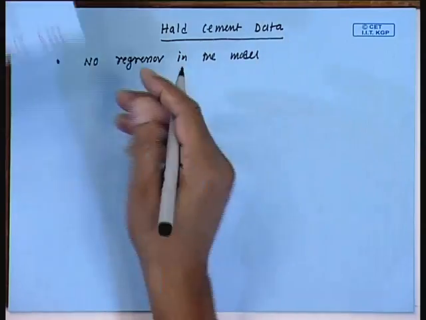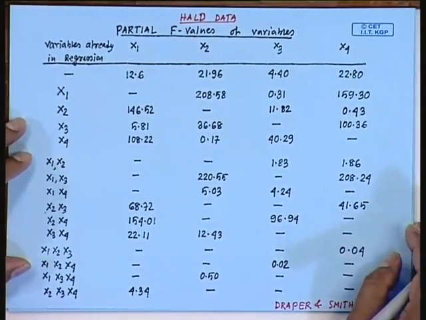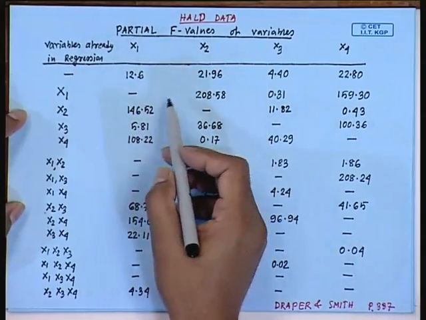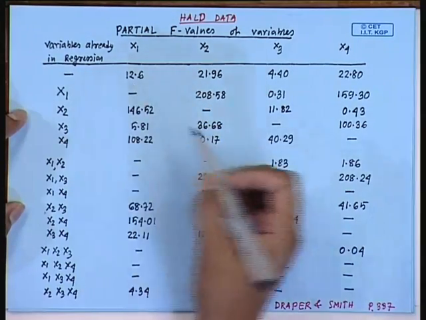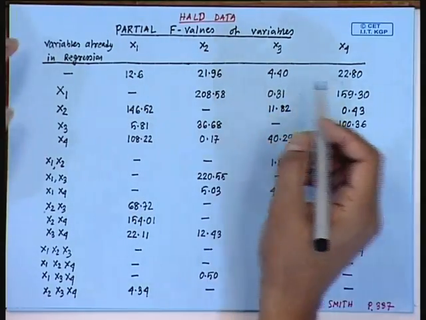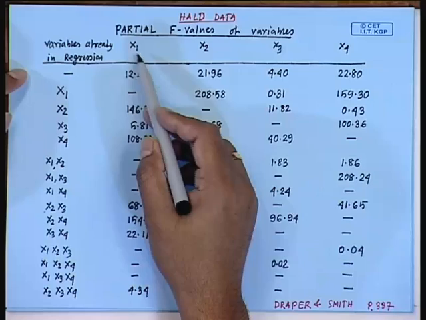Now, let me introduce one table. This is from the Draper and Smith book, page number 337. Let me explain the significance of these values. It says that the partial F values for variable x1.